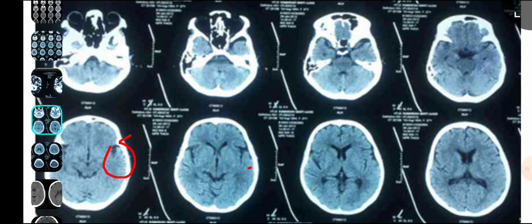This was a parietal, but here this is not a parietal, this is a temporal. So where your picture is not complete, you can guess that it's no more a parietal, it's a temporal lobe. So this is how you differentiate parietal and temporal. The other thing is the cerebellum.